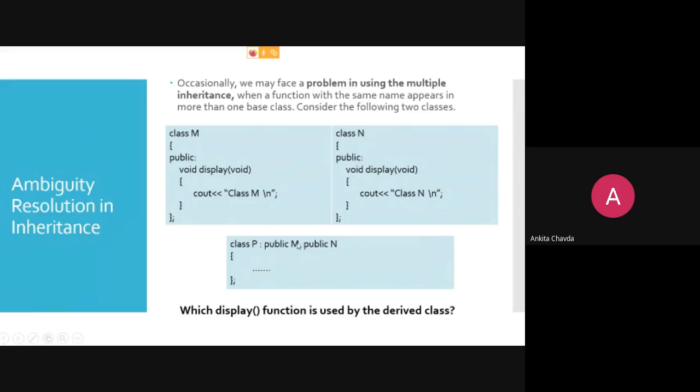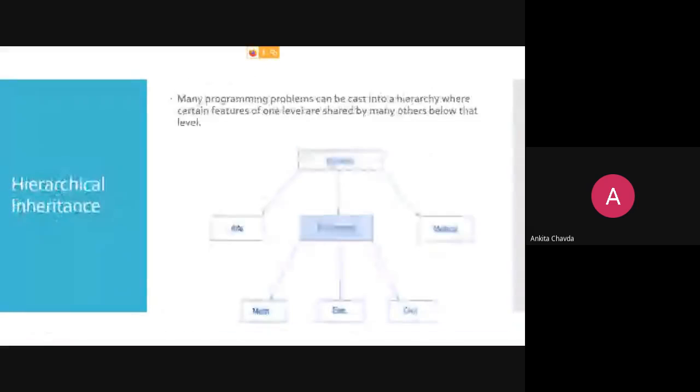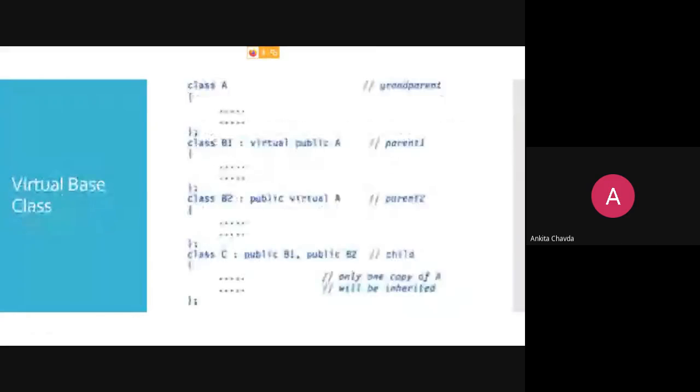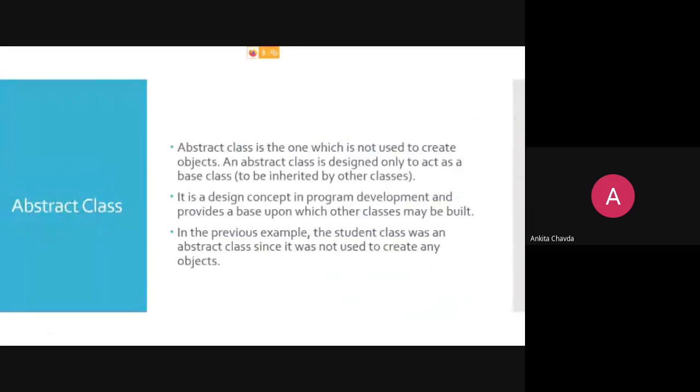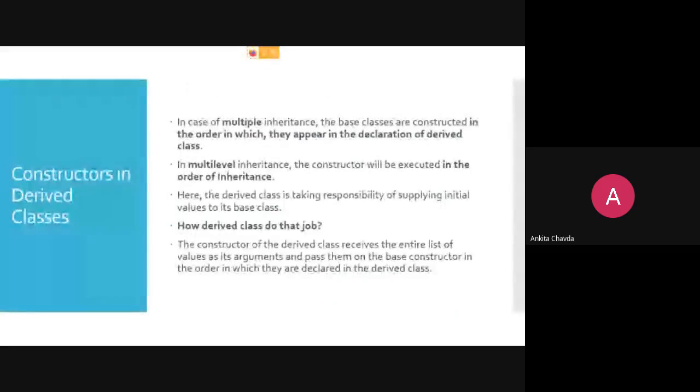If you have written M first, class M's constructor will be called first. If you have written N first, class N's constructor will be called first. So it depends on how you write them when declaring your derived class. In multilevel, you know the order of inheritance, and in that way it will be called.